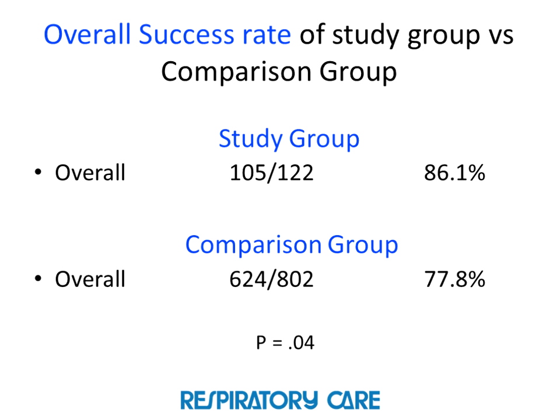In contrast, in the comparison group, which were all the other catheters inserted by respiratory therapists during 2011, 624 were successful out of 802, which is a significantly lower number, so the cases that used ultrasound tended to be more successful in getting the catheter placed.